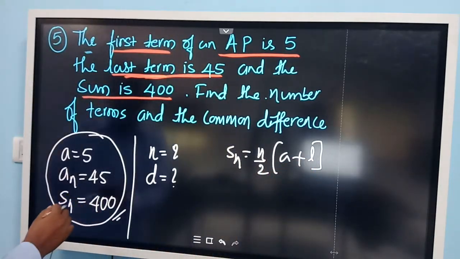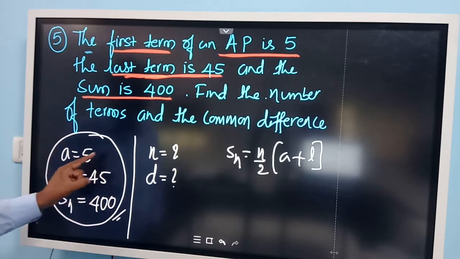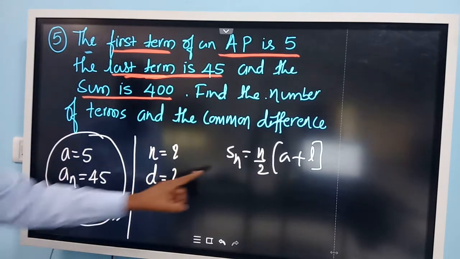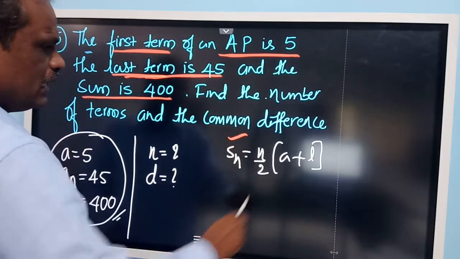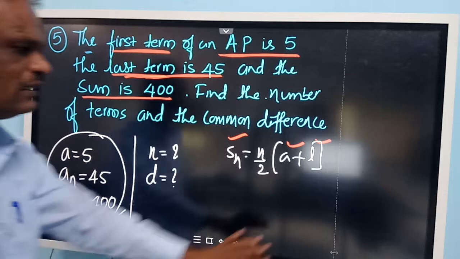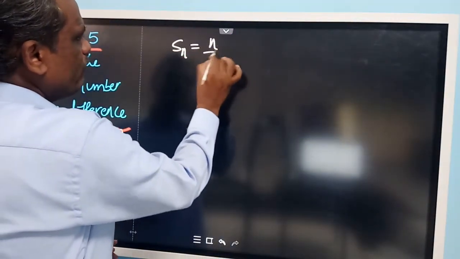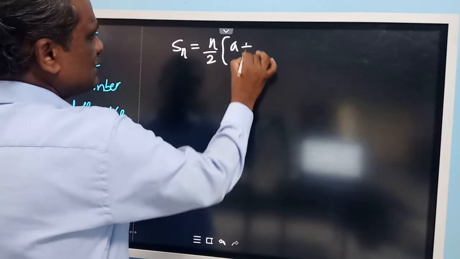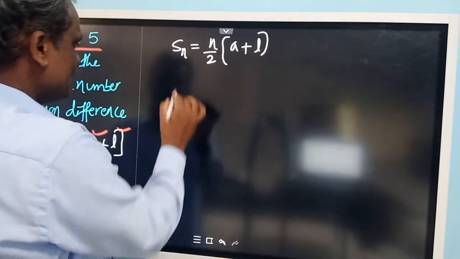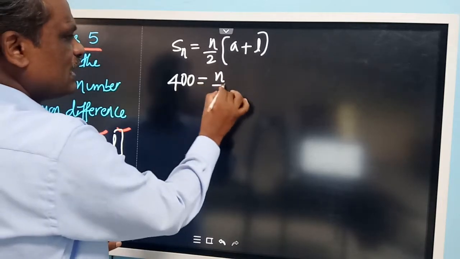The last term you know, the last term is 45. An itself is the last term. First term is 5, and Sn you know. We know a, we know l, so n can be calculated using the formula. I will write once again the formula: Sn is equal to n by 2 into a plus l. Substitute in this formula. Sn is 400. They are given. n we have to calculate.